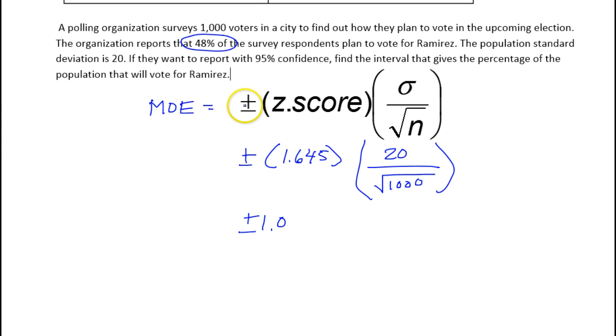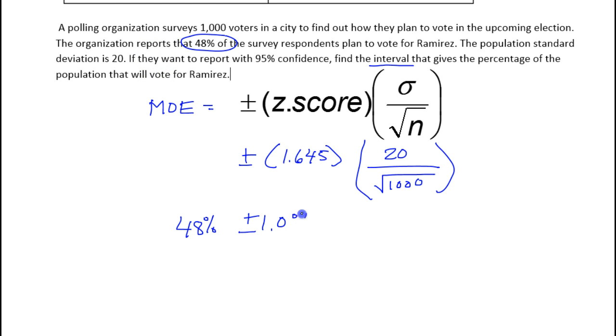That means when I go to find the interval that they're looking for, meaning a low number and a high number that will contain the true percent of the population who's going to vote for Ramirez, I'm going to start with what the survey said of 48. According to the survey, 48% of the people are going to vote for Ramirez.